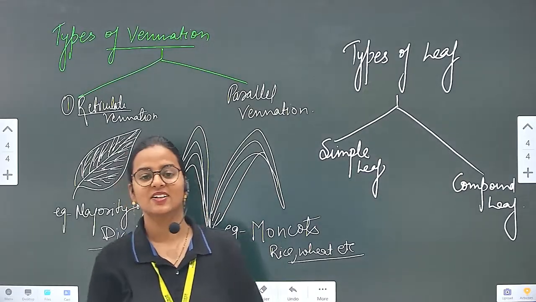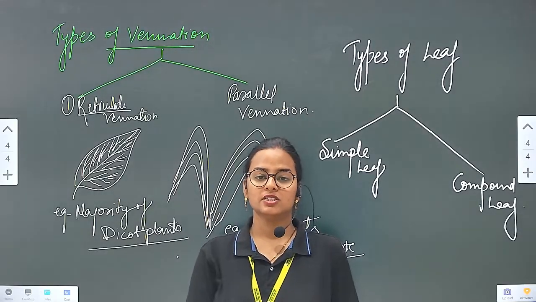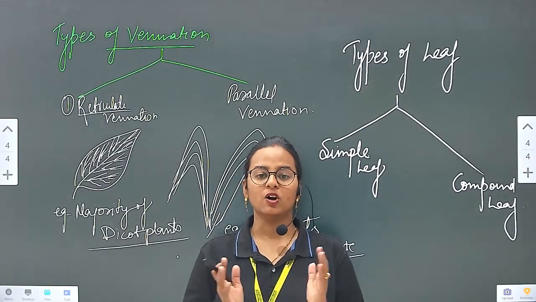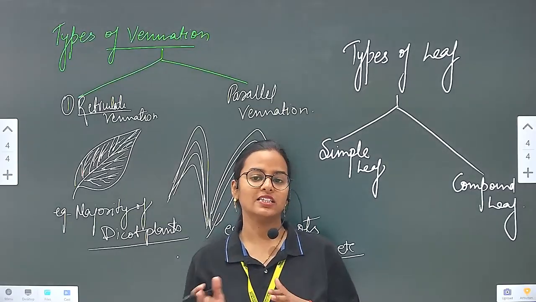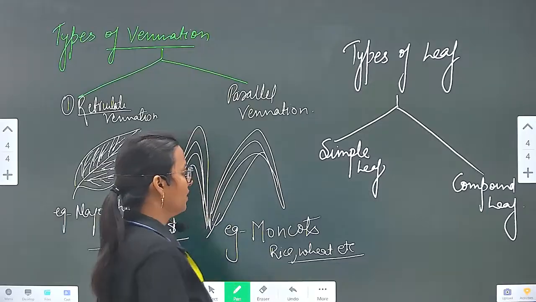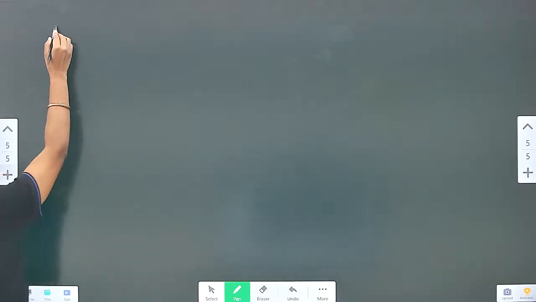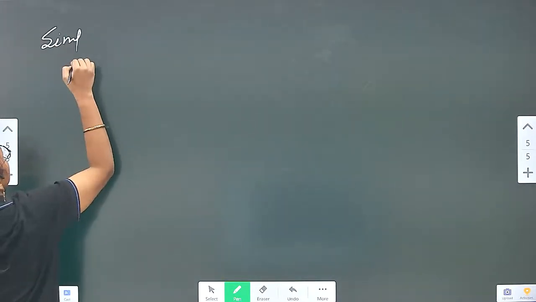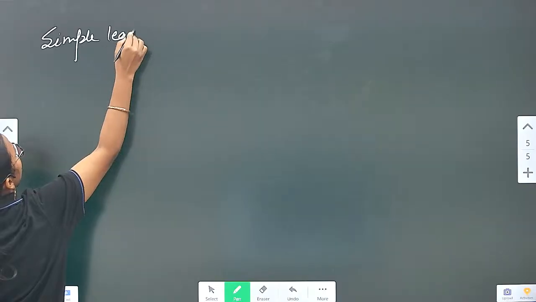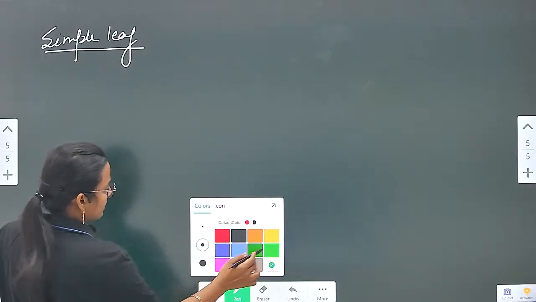Yes? Okay. So let us understand what the two types of leaf are. When do we call it simple and when do we call it compound? See, simple leaves are the ones like this, which I am drawing in the diagram.